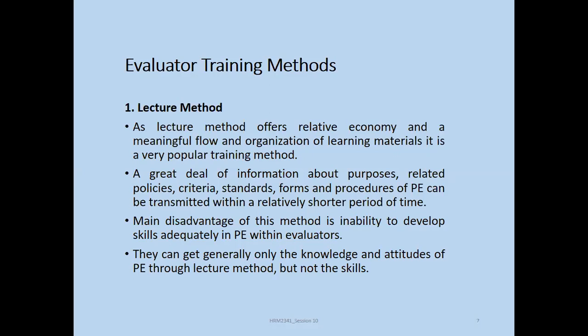But there are some disadvantages also. This method is inadequate for developing skills in performance evaluation among evaluators. There are three main components related to education: knowledge, skills, and attitude.